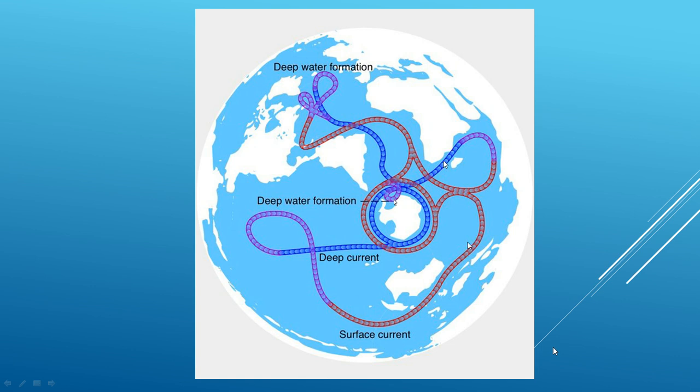The red is the surface current. The blue is the deep current. So this blue that you see around Antarctica, that's your circumpolar deep water. You see how the Pacific feeds into that? You see how the Indian Ocean feeds into that? As well as the Atlantic waters feed into that.